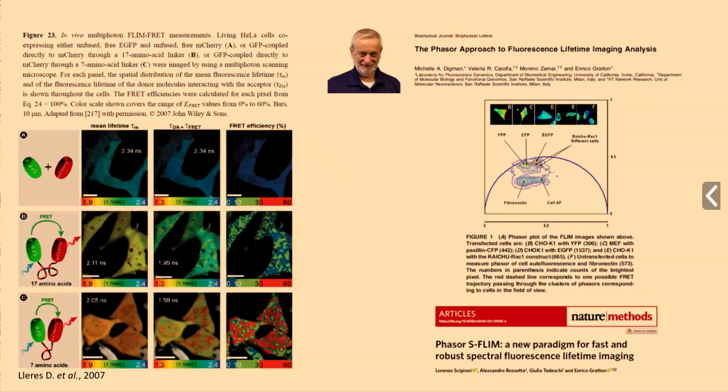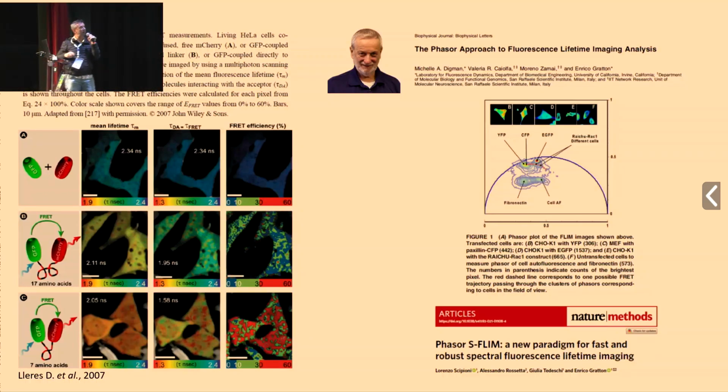If you link these two different dyes by a linker, which you make shorter and shorter, you will see that the lifetime decreases to lower values where FRET occurs. This is due to the fact that the energy is transferred from one to the other. So at that time, you just did FLIM imaging, and you can reconstruct a map of the fluorescence lifetime and its variation.